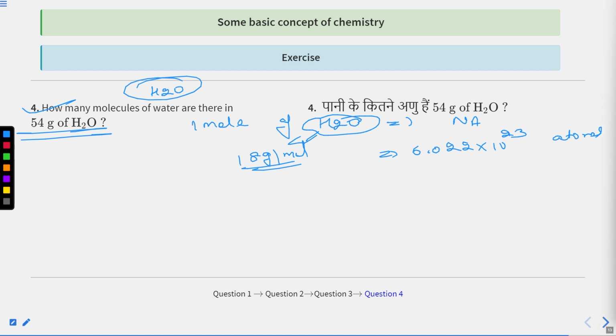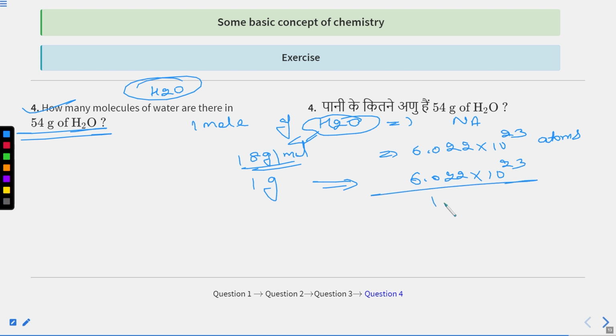So calculate for 1 gram, divided by 18. Then what can you do for 54 gram?